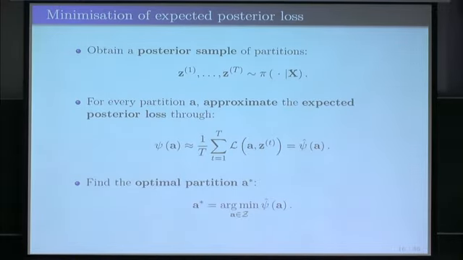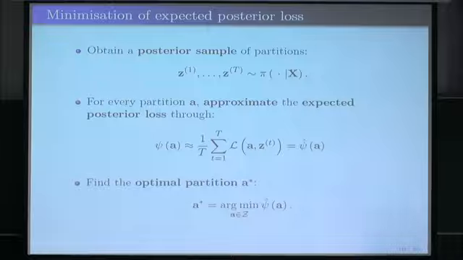Okay, so here's what we do then. We need to simplify because the set of partitions is huge, and calculating the expected loss is really challenging. So what we do is we sample from the marginal posterior for Z. We get a sample of capital T partitions.